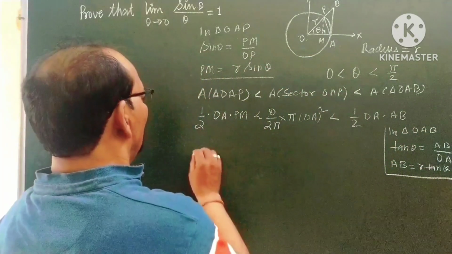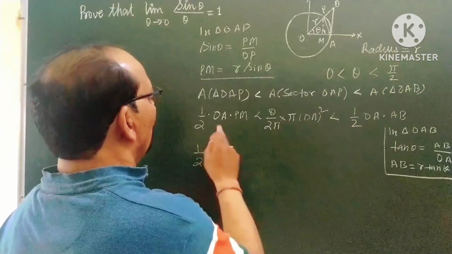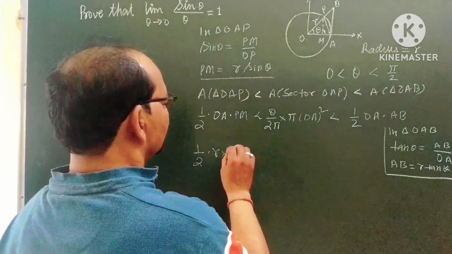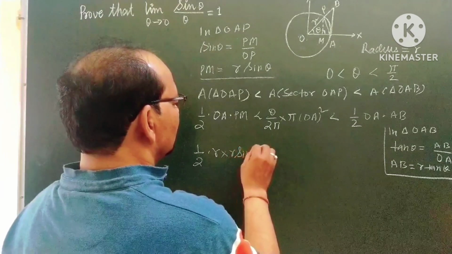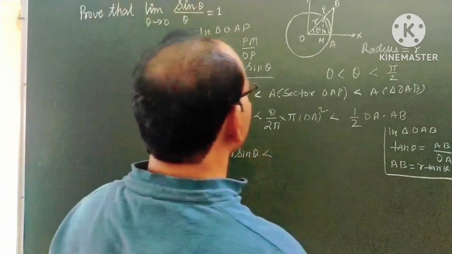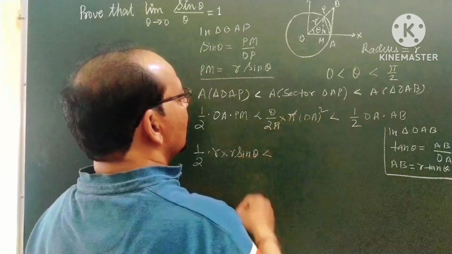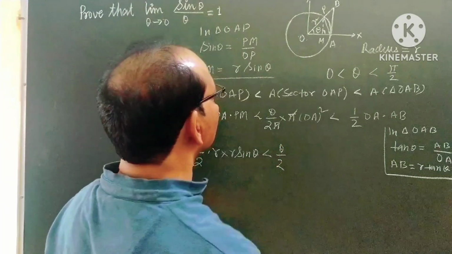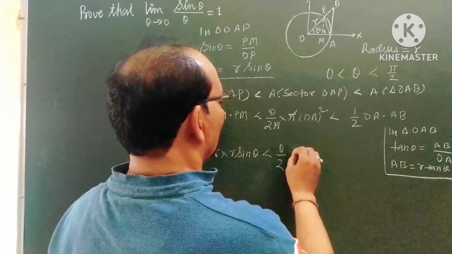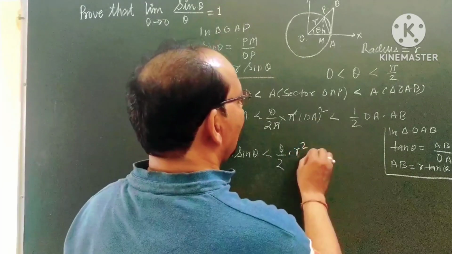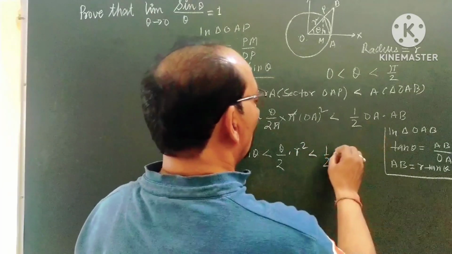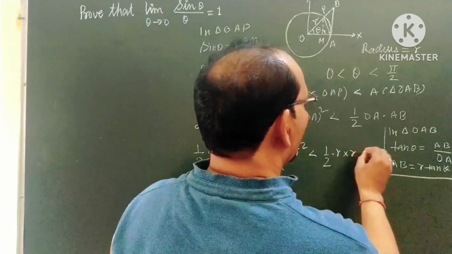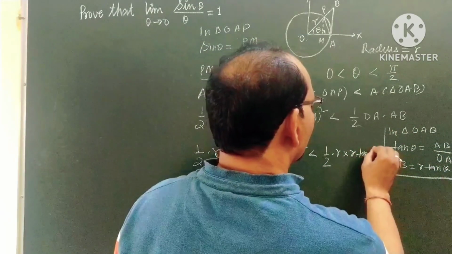Therefore, put here the value 1 upon 2 into OA is the R and PM is the R sin theta, less than, pi cancels pi, and theta by 2 into R square, less than 1 by 2 OA into R into AB equal to R tan theta.